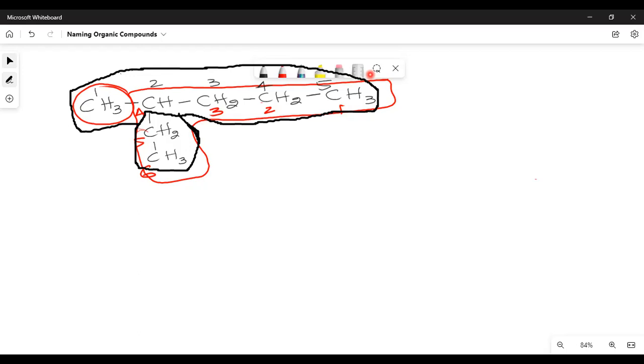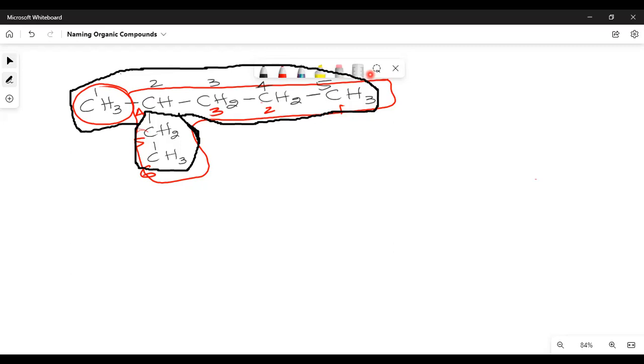Mine or yours? No, of course, we're talking about mine. Since your parent chain is not correct, obviously your numbering is not correct either. So I am talking about my numbering. Is my numbering correct? Remember the rule?